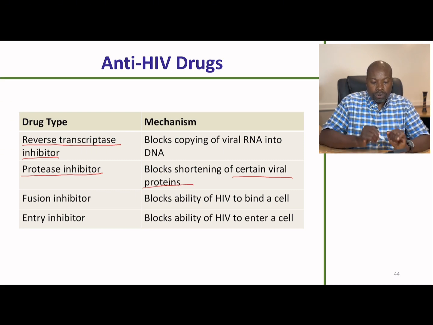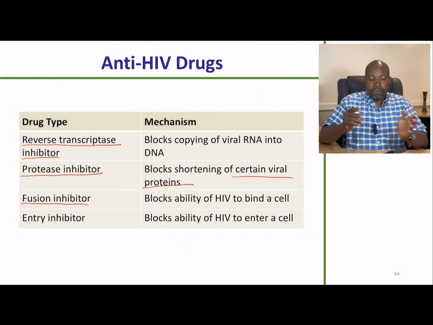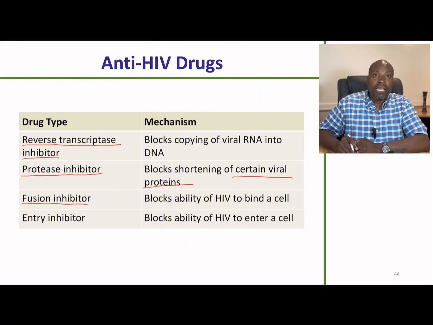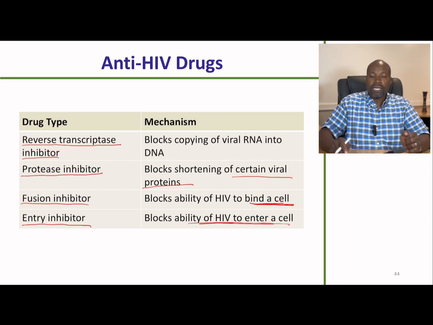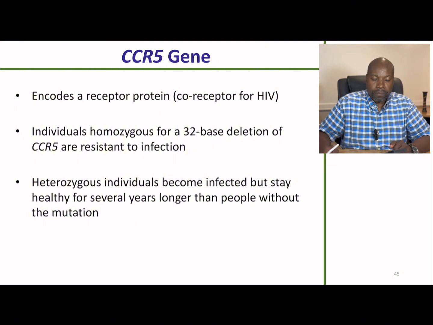We have some drugs that are going to interfere with the fusion, right? These are fusion inhibitors. They are going to block the virus's ability to bind to our cells, right? And the entry inhibitors, they block the ability of HIV to enter our cells.